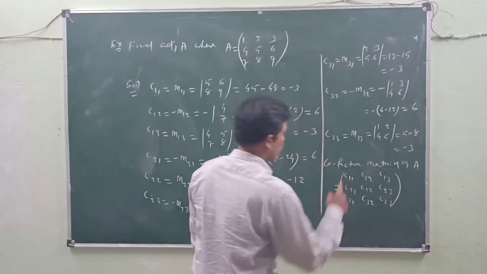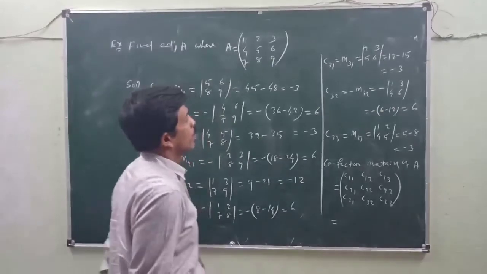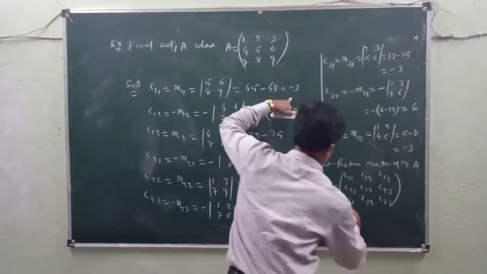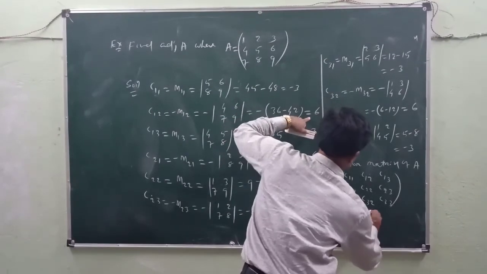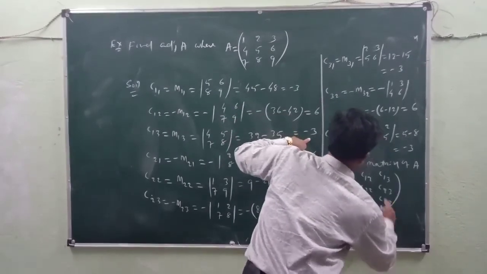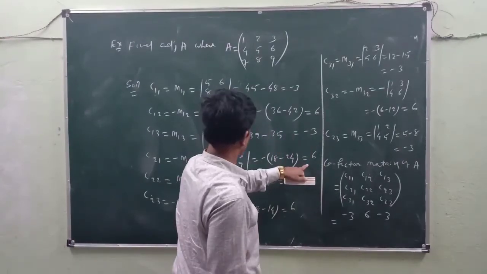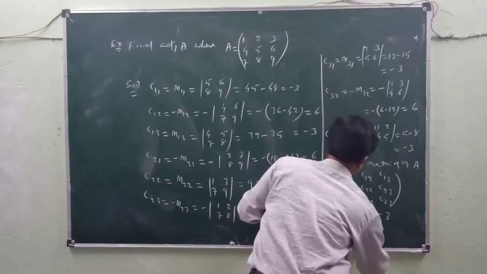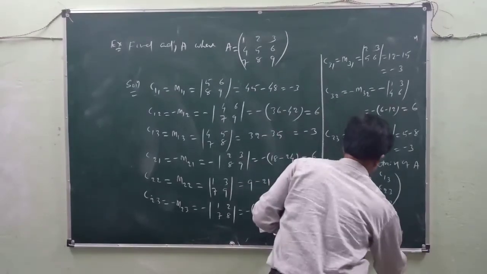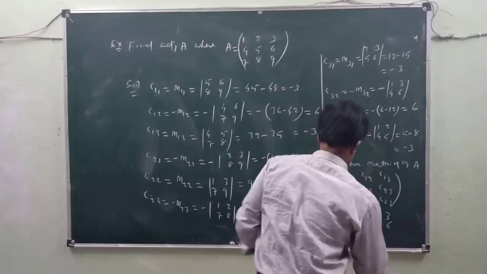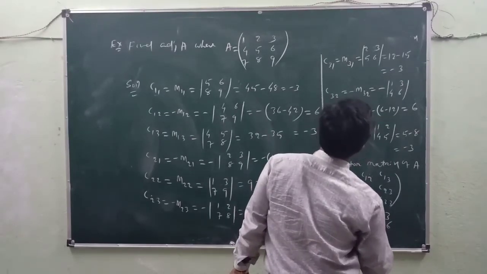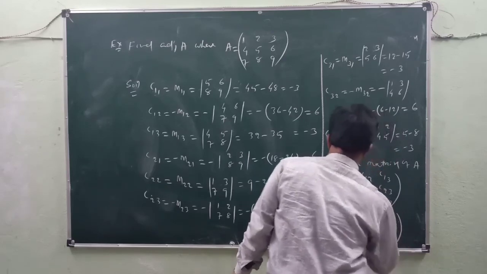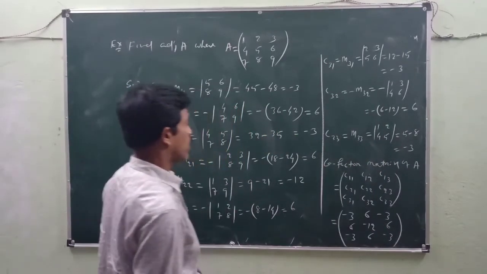Then you put the values: C11 is minus 3, then 6, then minus 3. Then C21 is 6, then minus 12, then 6. C31 is minus 3, then 6, then minus 3. This is the cofactor matrix of A.